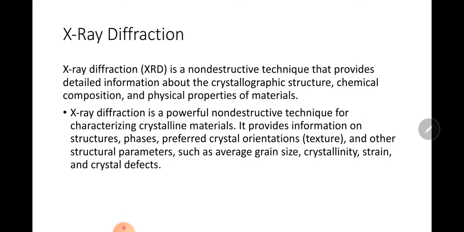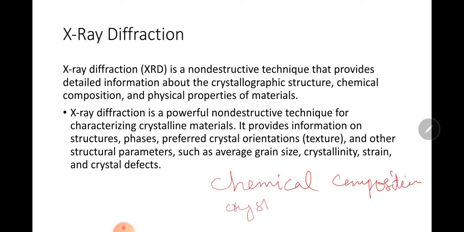X-rays are used to calculate the chemical composition of an atom. The diffraction of X-rays is used to calculate the chemical composition, crystallographic structure, and the physical properties.